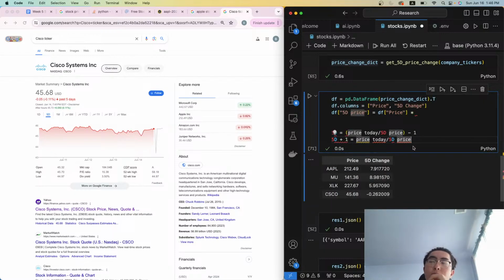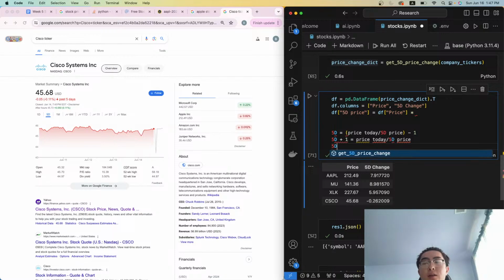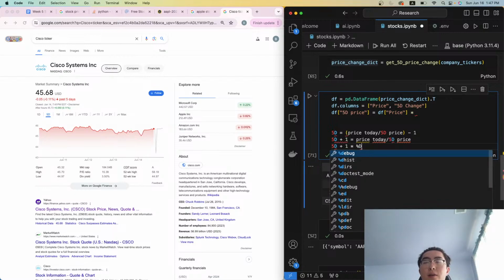So if we want to get the 5D price, we can multiply this over. So we do 5D change plus 1 times 5D price is equal to price today.